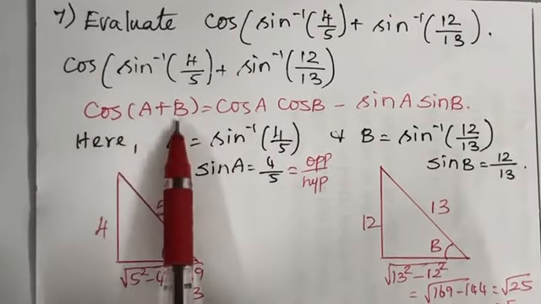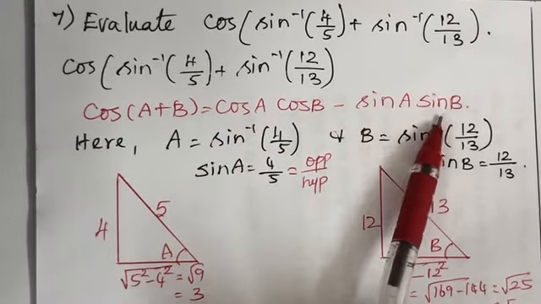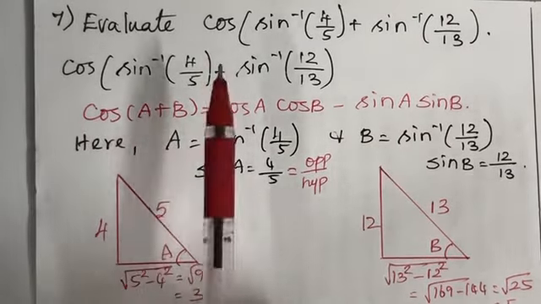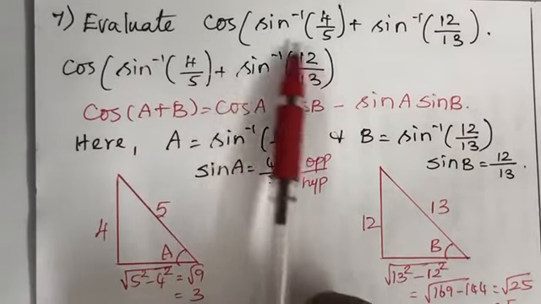So cos A plus B is equal to cos A cos B minus sin A sin B. Here A is sin inverse 4 by 5 and B is sin inverse 12 by 13.